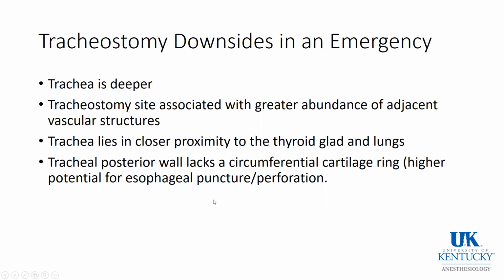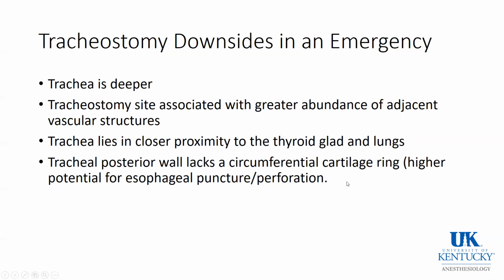Tracheostomy downsides: the trachea is deeper. The tracheostomy site is also associated with a greater abundance of adjacent vascular structures. If you've taken care of any patients in the ICU who have a fresh trach, bleeding is not an uncommon consequence of that. The trachea lies in closer proximity to the thyroid gland, sorry for the misspelling there, and the lungs.